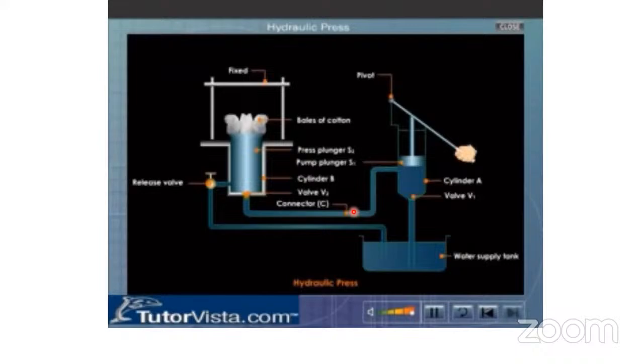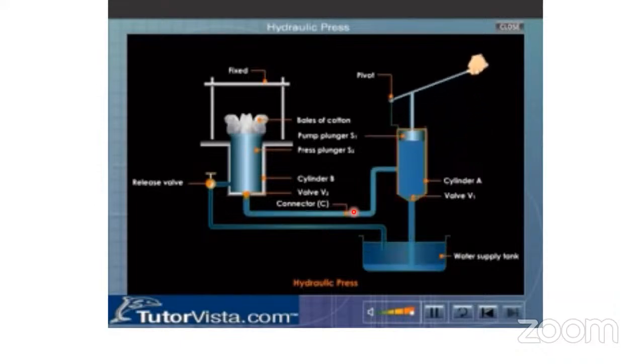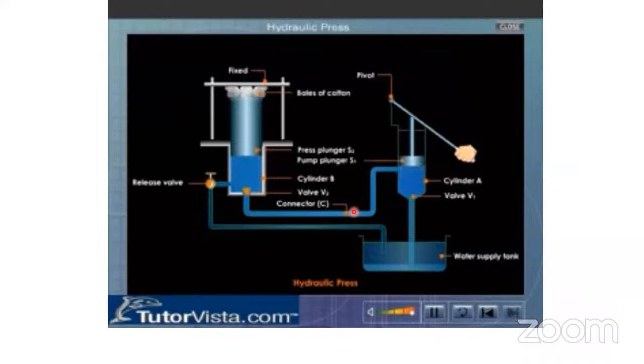When the pump plunger S1 is raised with the help of the lever, the pressure inside cylinder A decreases, and as a result, the valve V1 opens upwards and water from the tank is pushed into cylinder A. When the pump plunger S1 is pushed downwards by lowering the lever handle, the valve V1 closes due to increase in pressure in cylinder A. As a result, water from cylinder A flows to the connecting tube C. The pressure in C is greater than that in cylinder B, and therefore the valve V2 opens.